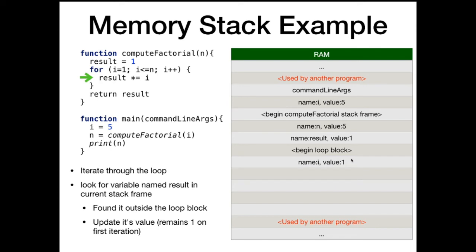In this case, it's not going to find one. So once it doesn't find that variable within the current block, within the current scope, it's going to expand that search to the next outer scope. So it's going to expand this search to the whole stack frame in this case. It's going to find result right here, and that's the variable that's going to be modified.